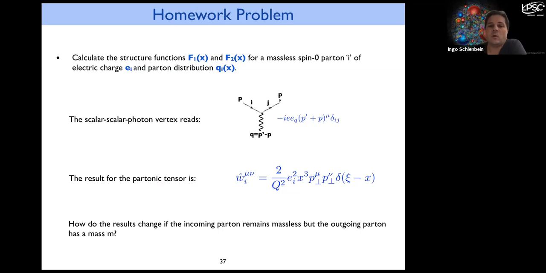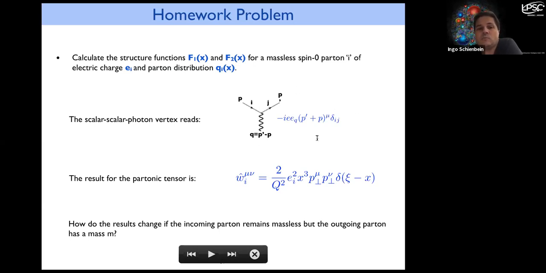So then another homework problem, as I said, if the partons were massless spin 0 particles, then we would use a vertex like this for a scalar particle coupling to a photon. The vertex would be given essentially by the 4-momenta times the couplings.